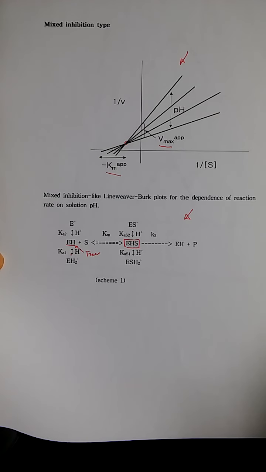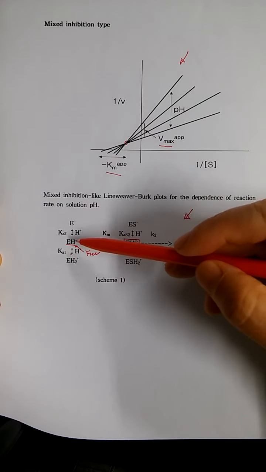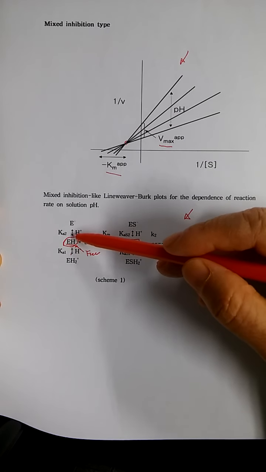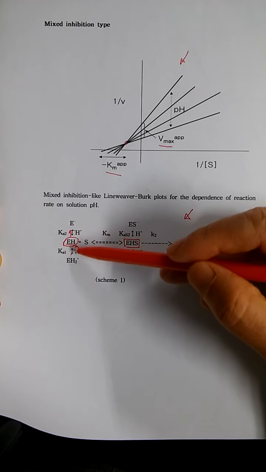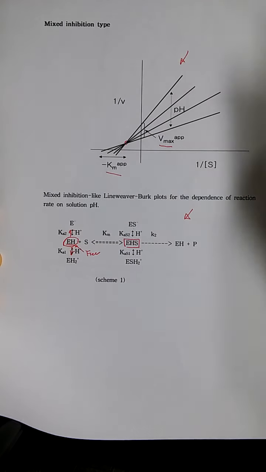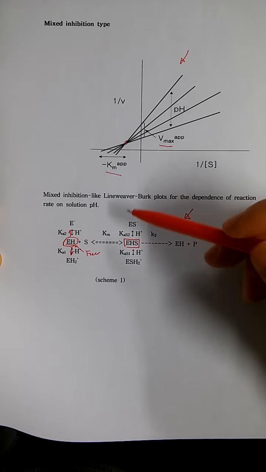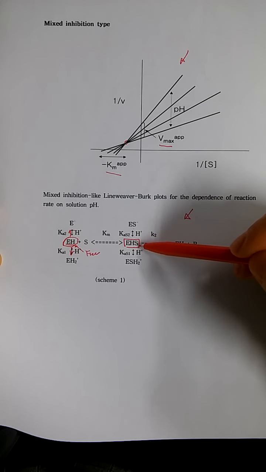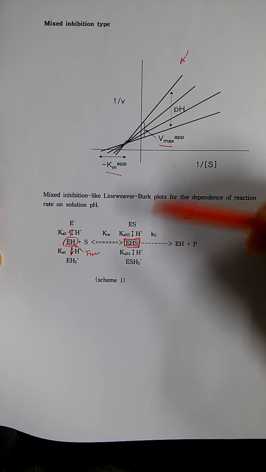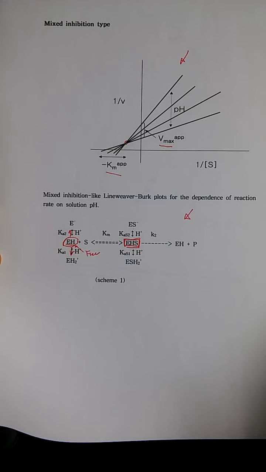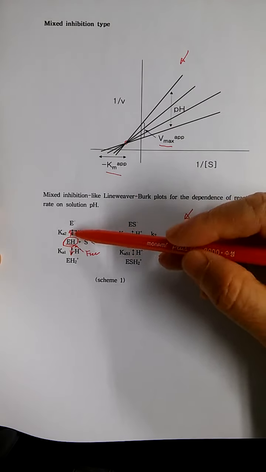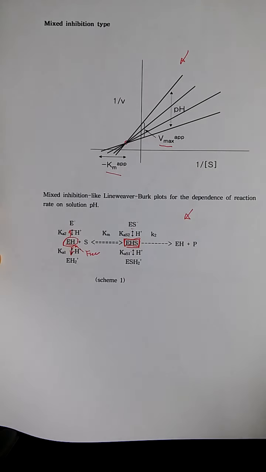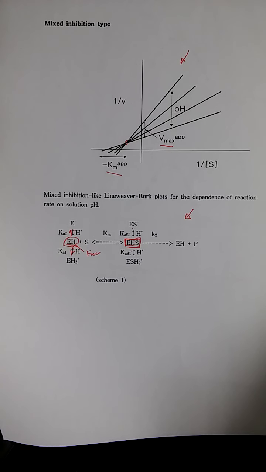This is a little complicated case where we have free enzyme EH, which can be deprotonated or protonated, and the enzyme-substrate complex EHS can also be protonated or deprotonated. So we have four ionization states which are assumed to be at equilibrium.